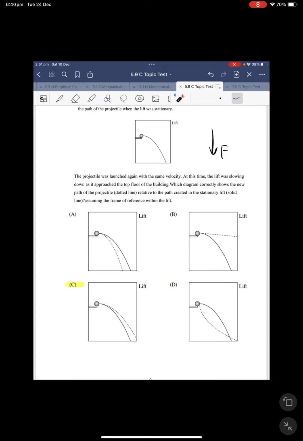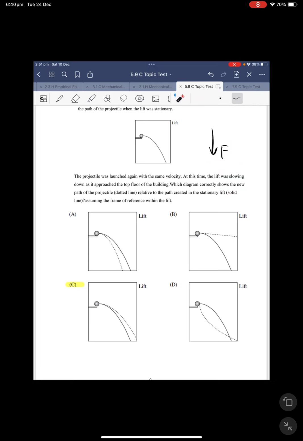And so the question here is, what sort of dotted line will the projectile make? Now, if you think about it clearly, if the lift is slowing down, that means from the outside of the lift, there's going to be a net force on the lift.